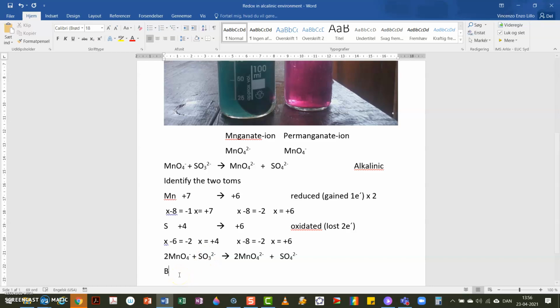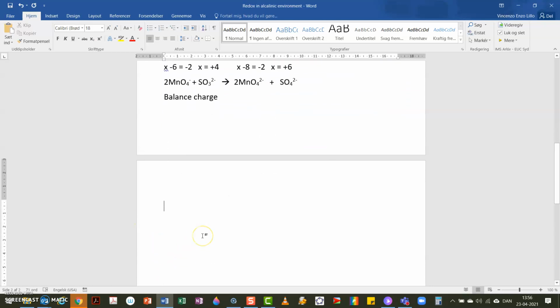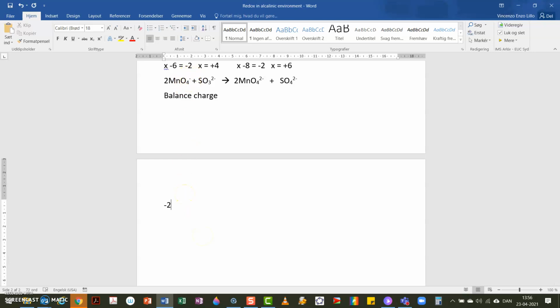Now we balance the charge. We'll have 2 negative charges due to this and 2 negative charges due to the sulfur-containing compound. Then we have the arrow.